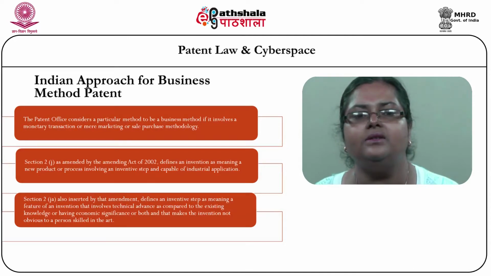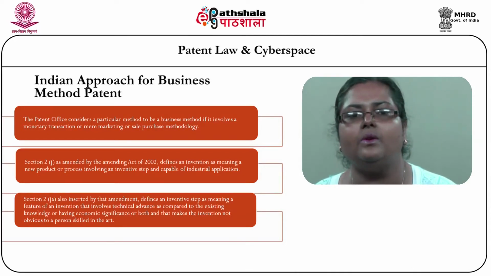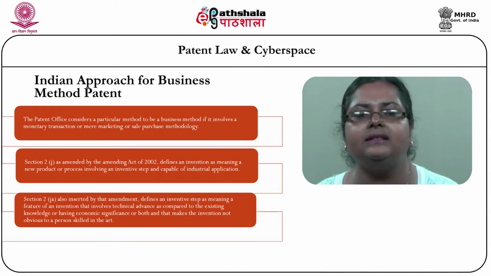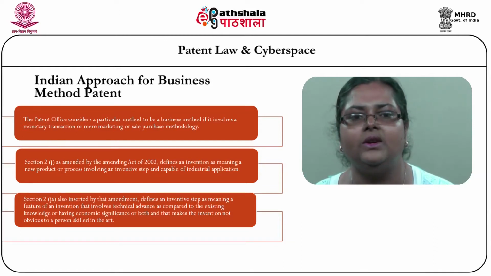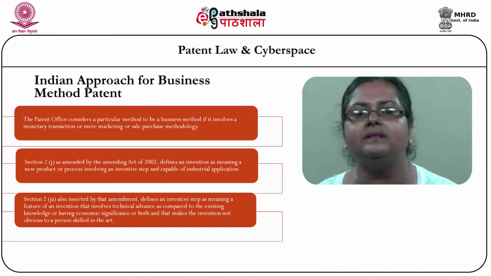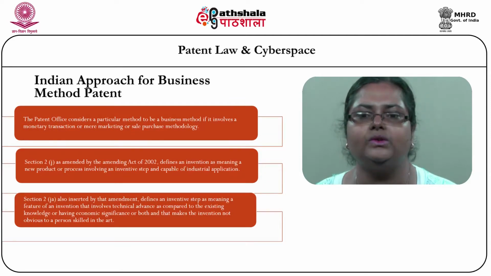Even section 2(1)(ja), also inserted by that amendment, defines an inventive step as a feature of an invention that involves technical advances as compared to the existing knowledge or having economic significance or both, and that makes the invention not obvious to a person skilled in the art. The government tried to extend broader protection to software invention.